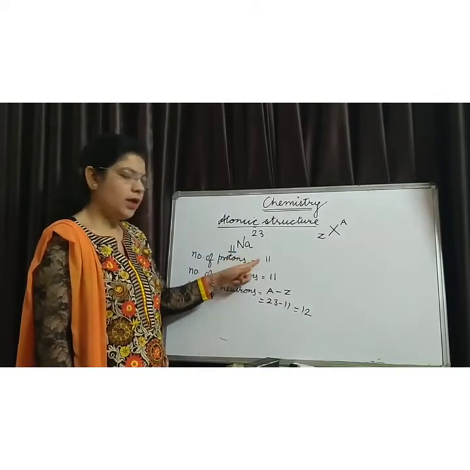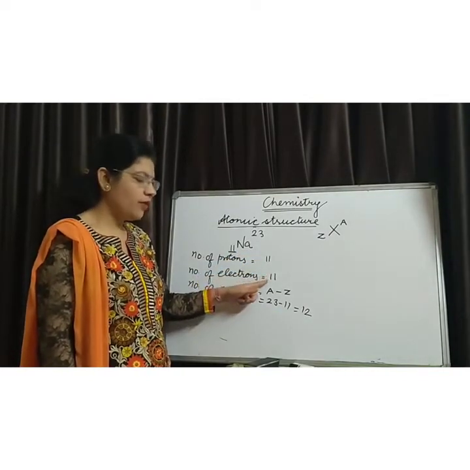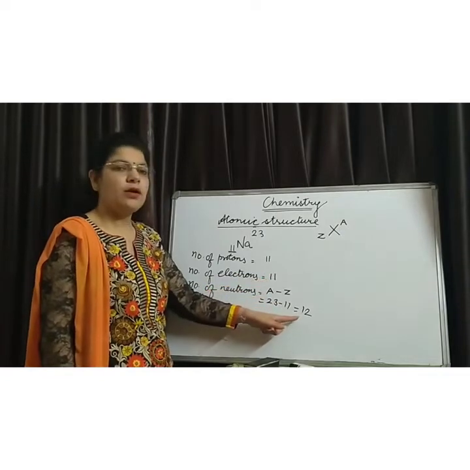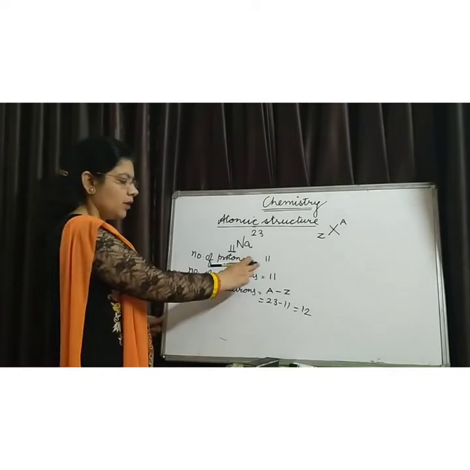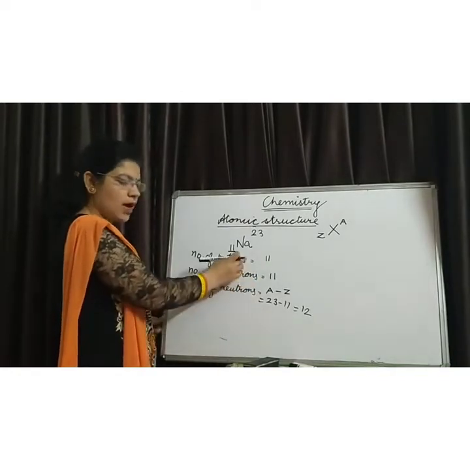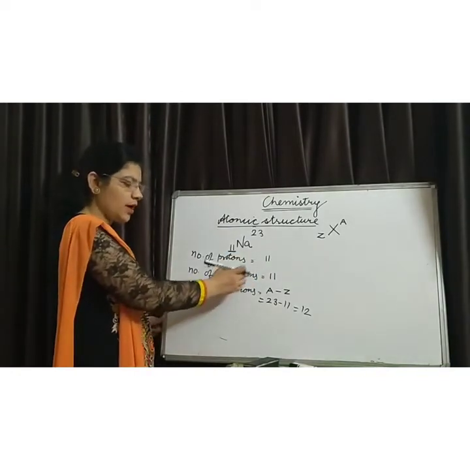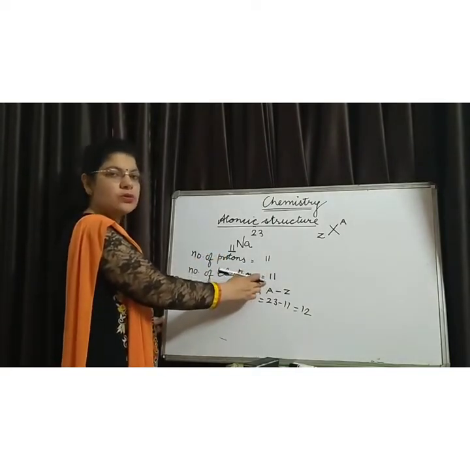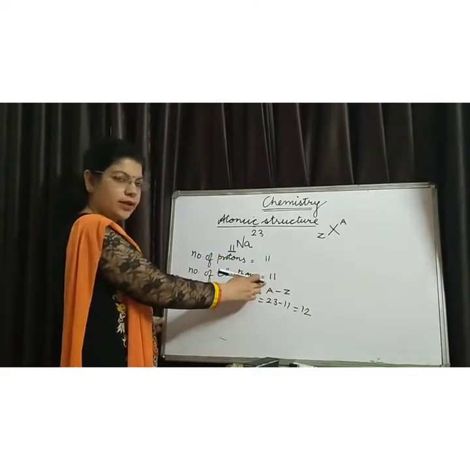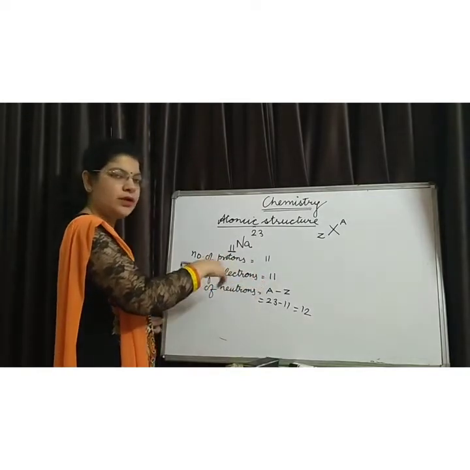In sodium, 11 protons, 11 electrons and 12 neutrons are present. Protons and neutrons are present in the nucleus, and outside the nucleus these 11 electrons are rotating in different paths.